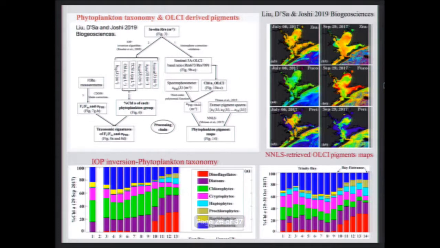And finally, we also looked at phytoplankton response using inversion algorithms, and we found that under freshwater conditions, we had larger phytoplankton species, and after 2 months under more saline conditions, we have small-sized phytoplankton, and verified this with pigment maps using another inversion algorithm. Overall, we got a high biogeochemical response to the floodwater event.